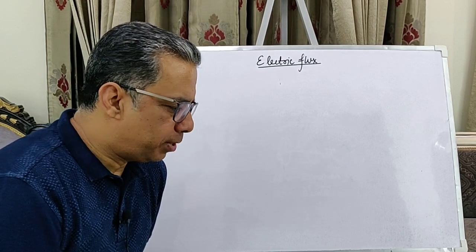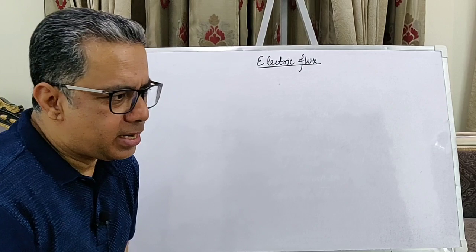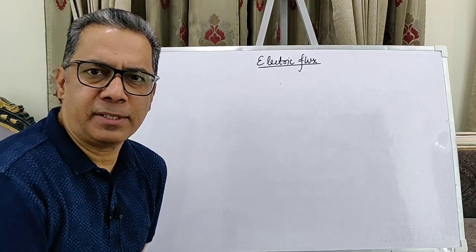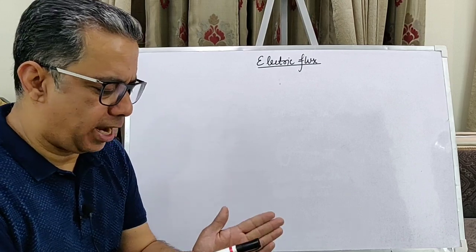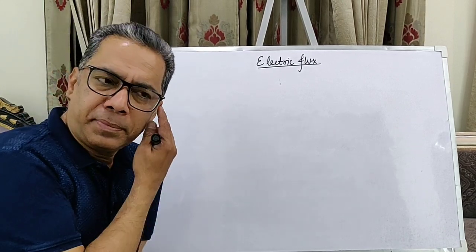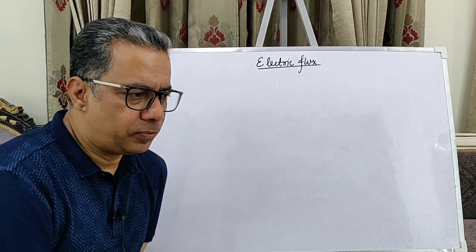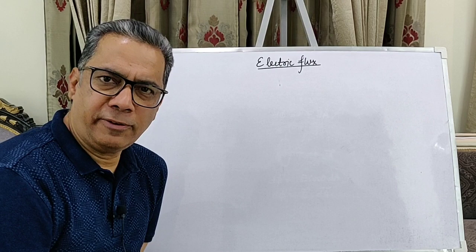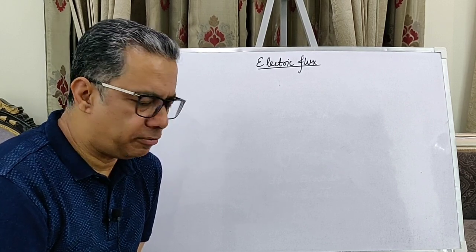Now, as far as the concept of flux is concerned, there are a few things that you need to remember. The first thing is that if electric field is tangential at all locations of a surface, then the flux through that surface will be zero.